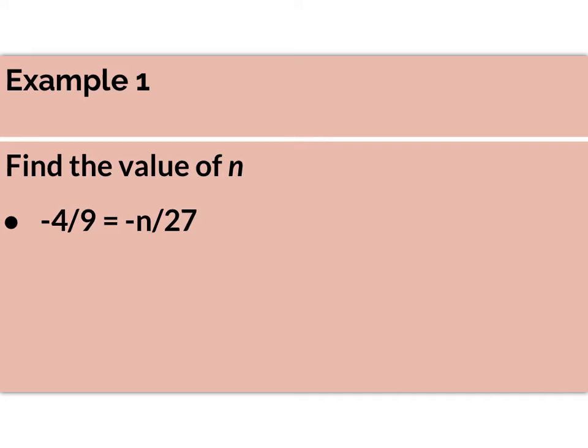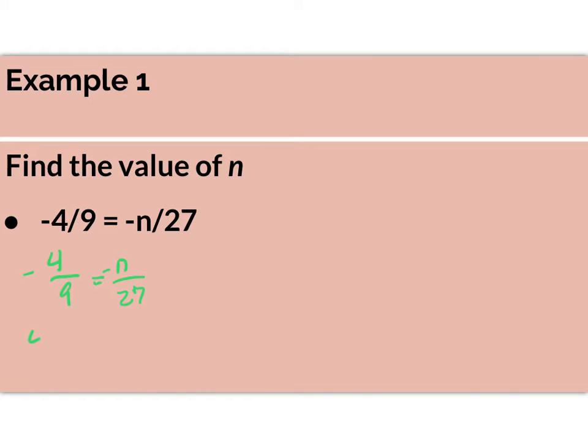Okay, so now let's find the value of n. So I'm going to rewrite these fractions as a fraction equals n over 27. And let's put the negative in there. Okay, so let's think. How do we go from 9 to 27? Well, 9 times 1 is 9. 9 times 2 is 18. 9 times 3 is 27.